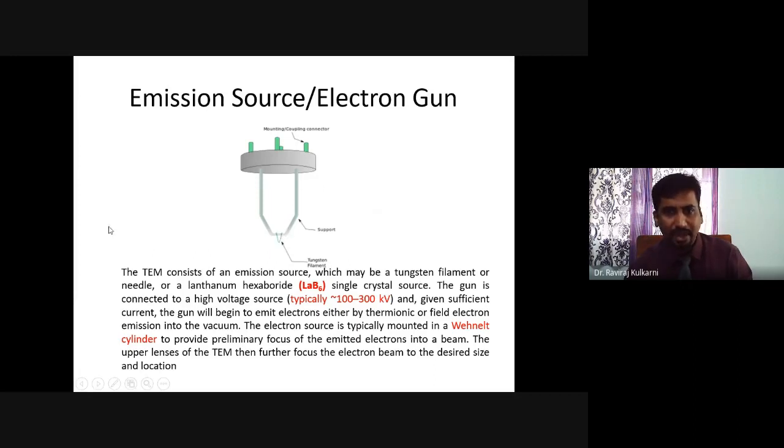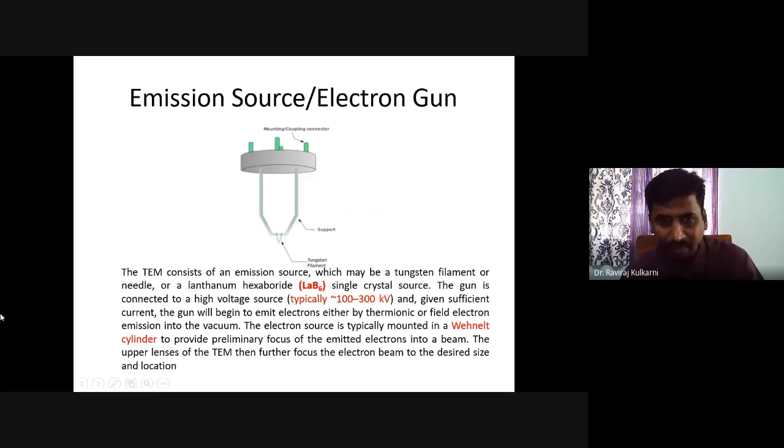When you apply a high voltage, typically about 100 to 300 kilovolts, electrons are emitted by the source. The source is a tungsten filament or needle, or a single crystal of lanthanum hexaboride, LaB6.